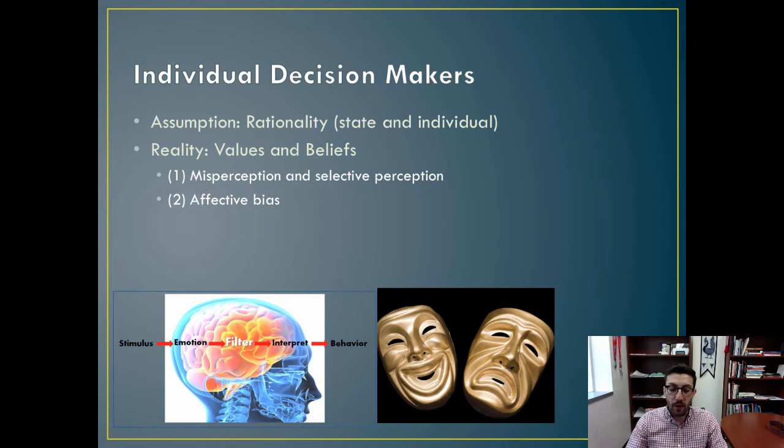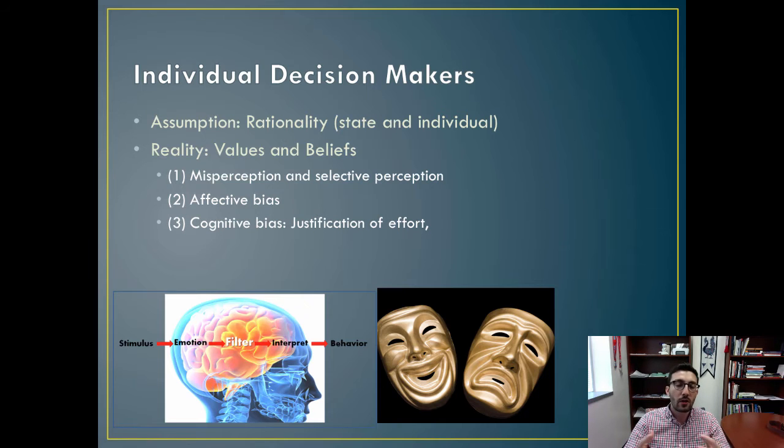If a president has had a very tumultuous relationship with the president or prime minister of another country, that may affect the president's ability to make unbiased decisions. So the way that we feel about other people, the way that we feel about other countries, will color our ability to make decisions.